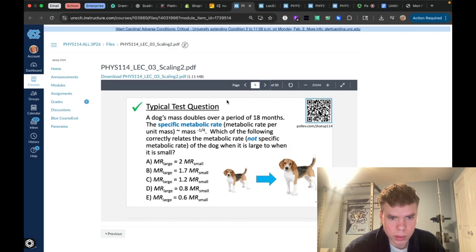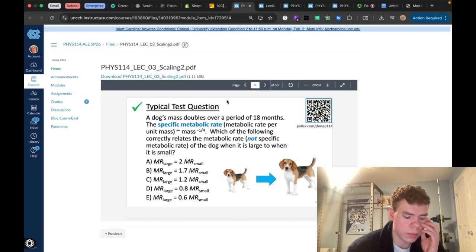For example, 2 to the negative one fourth is 0.84, and then 4 to the negative one fourth is 0.70.